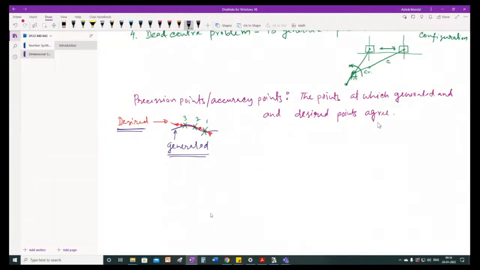This is something called approximate synthesis.